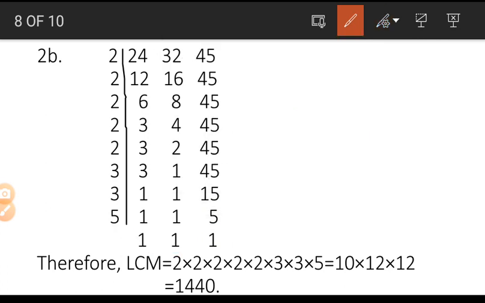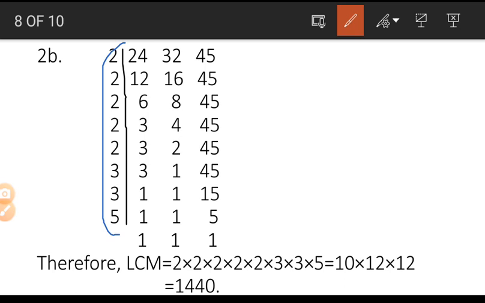Now you look at your prime factors. Alright? Then you are going to multiply these numbers to get your LCM. So to solve LCM, you must have good knowledge of your multiplication table. Alright? So let's multiply. Well, the first 2 times the last 5 will give us a 10.